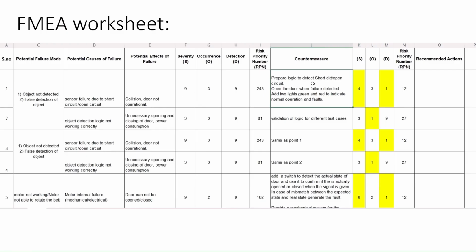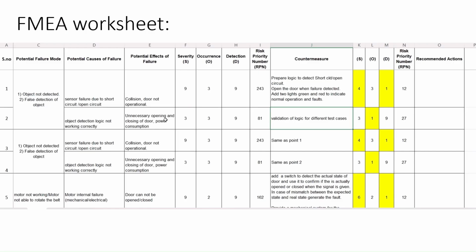And since we have implemented logic to detect the short circuit and open circuit, detection has now become possible. So the modified SOD values are these, and the modified RPN is this. We can see that after implementing this countermeasure, the possible cases of collision and door not opening are now reduced, and the same is indicated in the RPN as well.